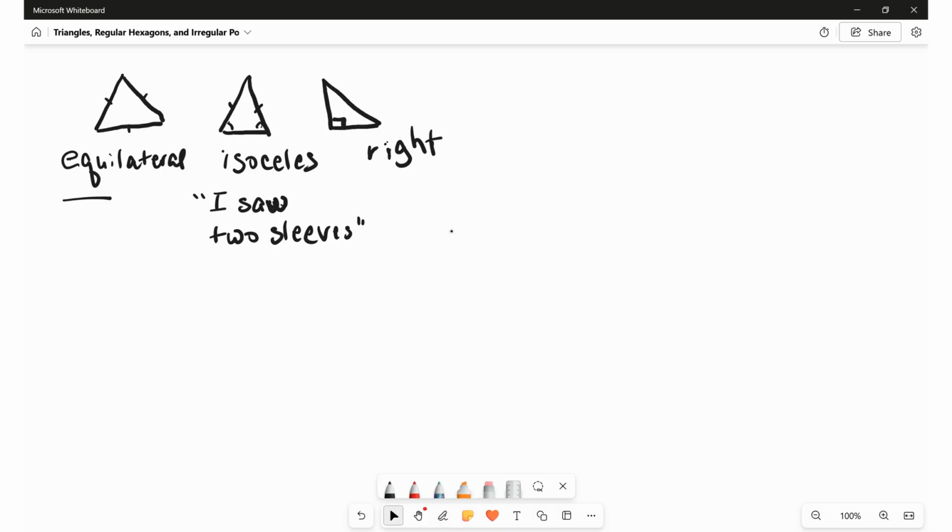And we are going to be using some properties of right triangles. So the first thing that we're going to get into as far as properties of right triangles is something called the Pythagorean theorem.